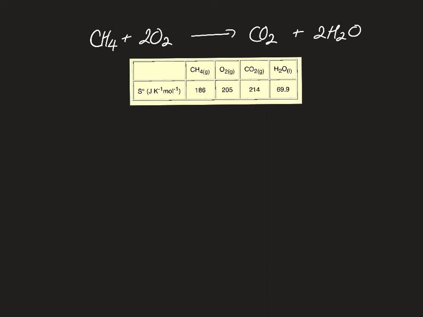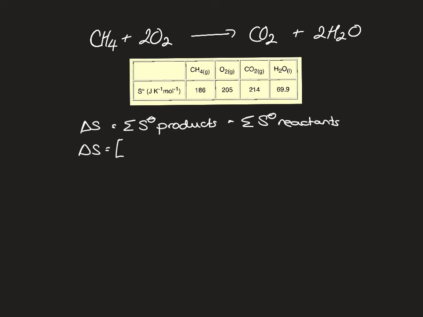So now let's carry out this calculation. So we're going to use the equation that was on the previous slide. Delta S is equal to the sum of S of the products take away the sum of S of the reactants. So we're going to set all this up. Here are my products.